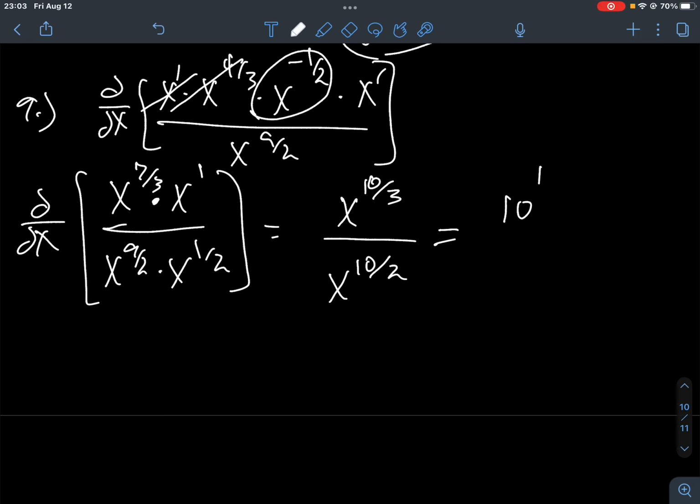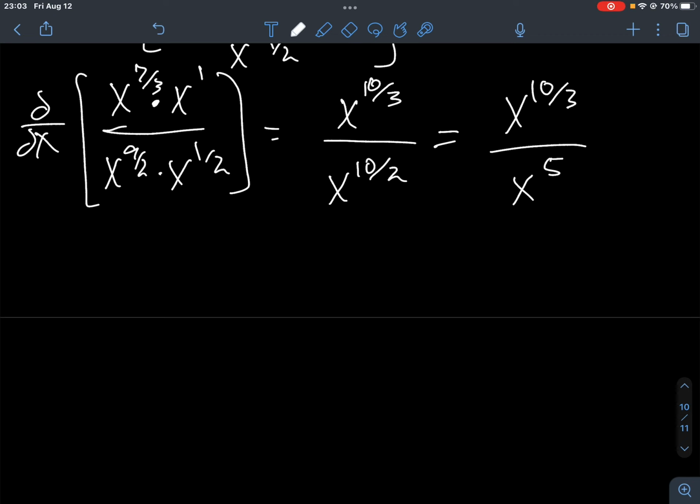So now we have x to the 10/3 over x to the 10 divided by 2 is 5. Great. So now we have an x to the 5th on the bottom, and we have an x to the 10 thirds on top. So how do we find that answer?